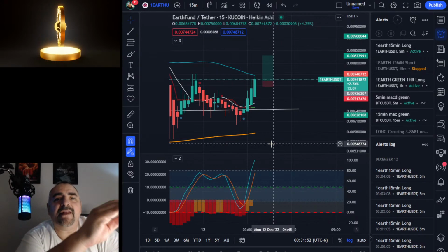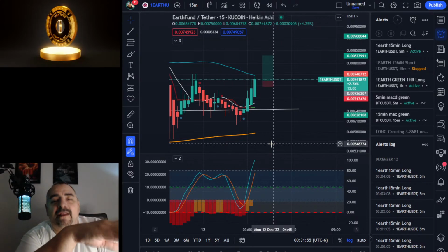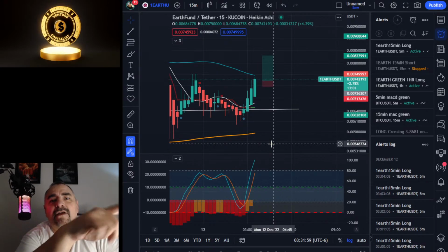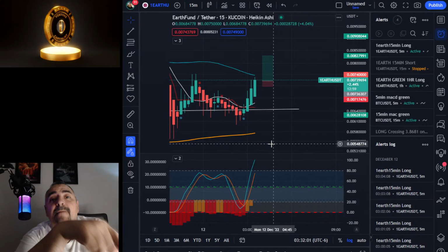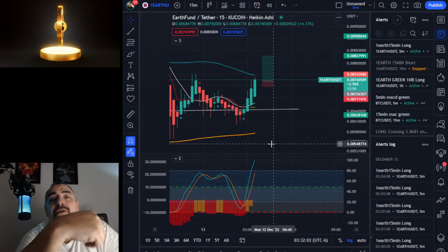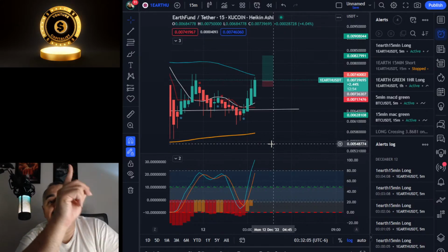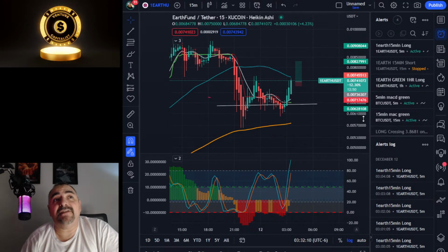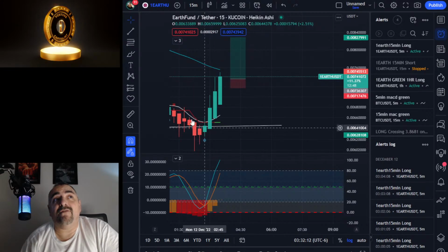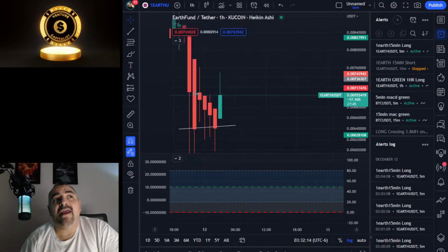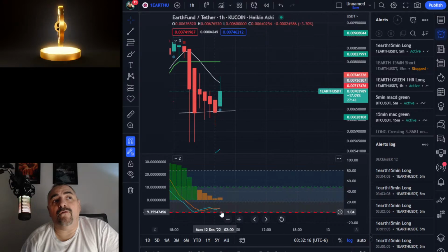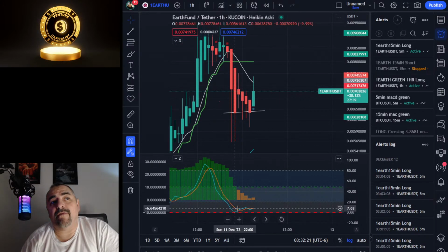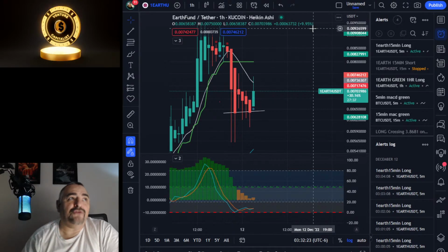If the 15 minute goes red, I let the 1 hour RSI bottom out, and then after that, I look at my 30, if it's still green, and the 1 hour is still green, then I re-enter on the 1 hour RSI moving up. That's the tip you need to know for when you can get back in if the 15 minute goes red. Remember, it's when the 1 hour RSI bottoms out and starts to move forward with the MACD moving up. Get it? That is why I went over that point earlier, and that is how you trade on that.